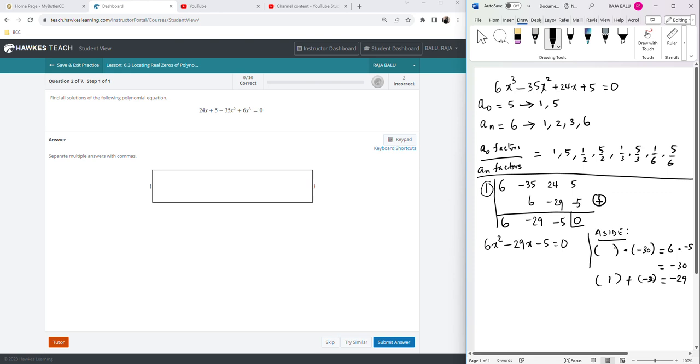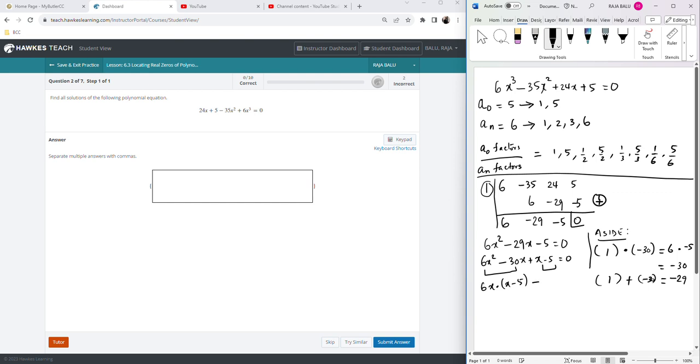So I can rewrite this as 6x squared minus 30x plus x minus 5 equals 0. Factoring by grouping right here: from the first two, 6x comes out, leaving x minus 5.